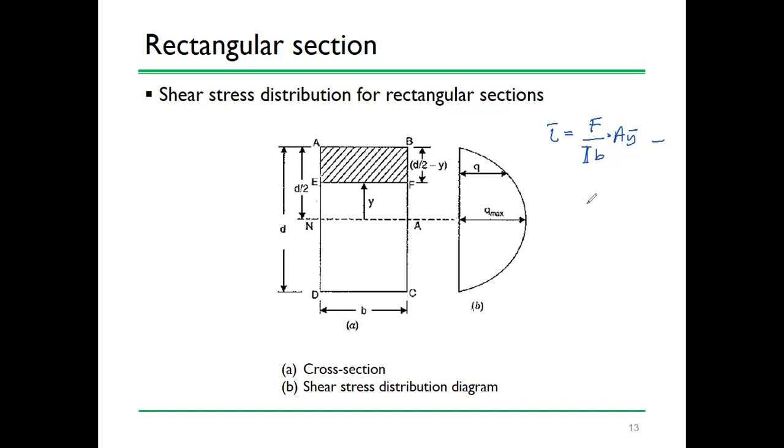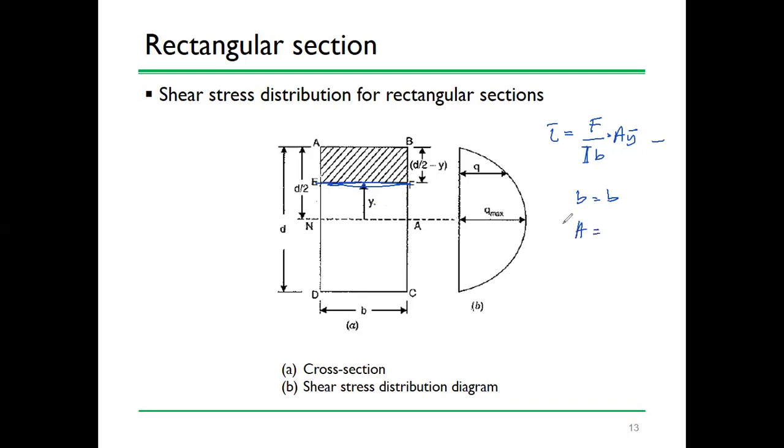First of all, for the B, note that we are looking for the shear stress along EF. The distance from the neutral axis to this point is y. Because this is a rectangular section, the B at that point is equal to B, which is the width. What about A?